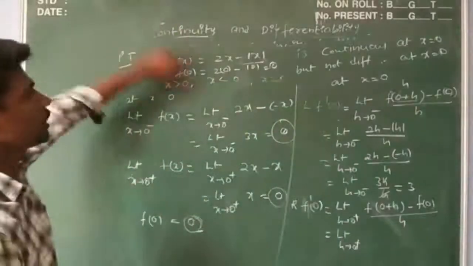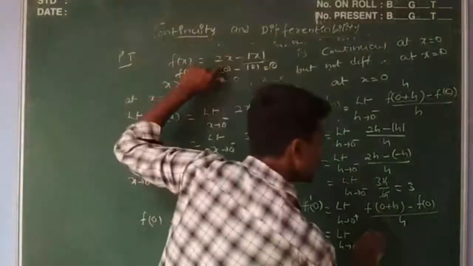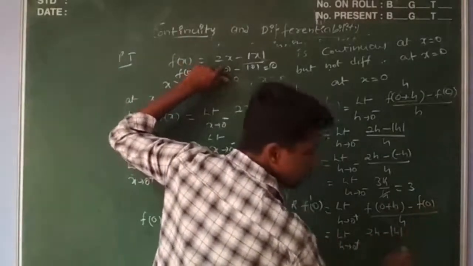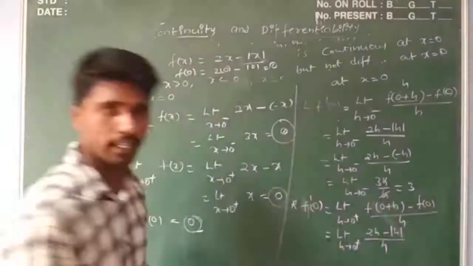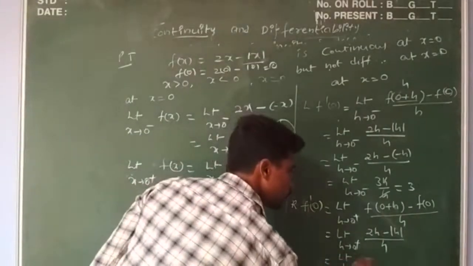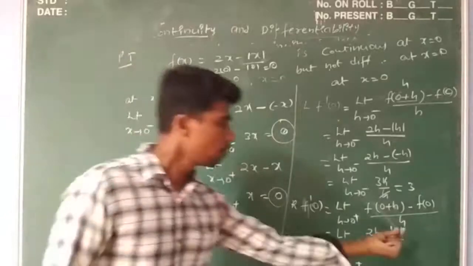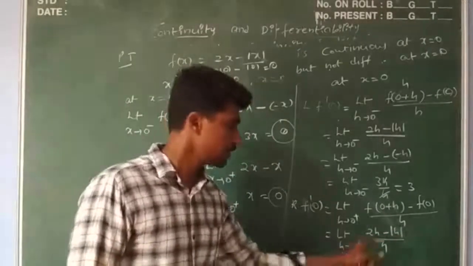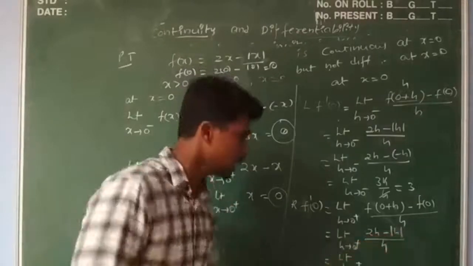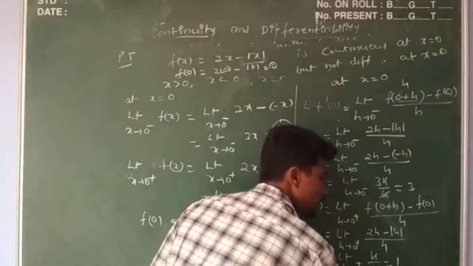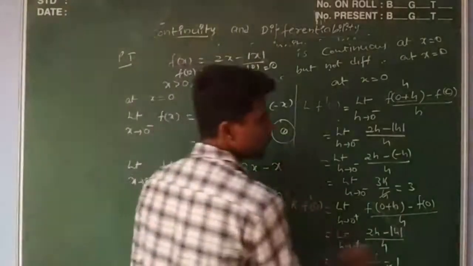If I substitute that h, we get 2h minus modulus of h, and f of 0 is 0, whole divided by h. Now, as h tends to 0 plus, modulus of h is h. Then 2h minus h becomes h by h. Cancel, we get 1.